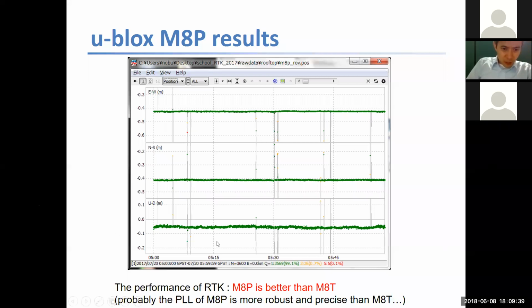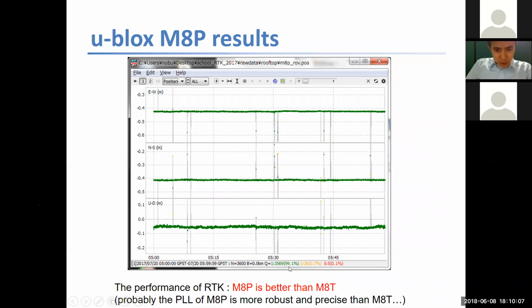So the performance of M8P is not so bad. It's quite good, but in my personal test results, based on many tests, the M8P is better than the M8T in u-blox. Probably the PLL of the M8P is more robust and precise than the M8T.